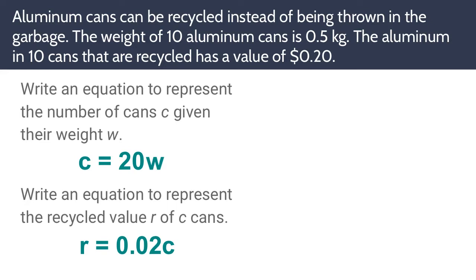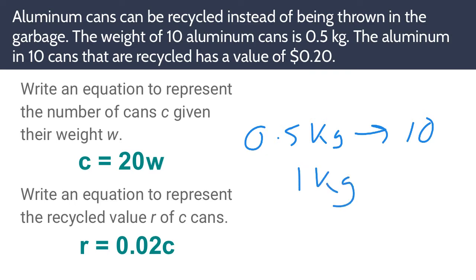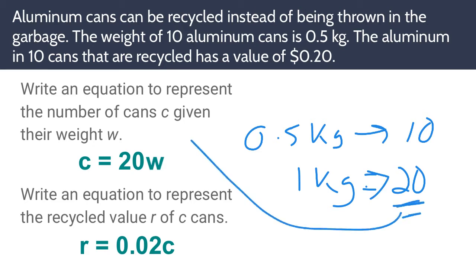The way we can get this answer is by connecting the weight to the cans and therefore finding how much is 1 kilogram and how many cans you get. So we know that 0.5 kilograms would give us 10 cans. So if I find 1 kilogram, that would be 20 cans. So therefore 20 is what you multiply by the weight to get the number of cans.